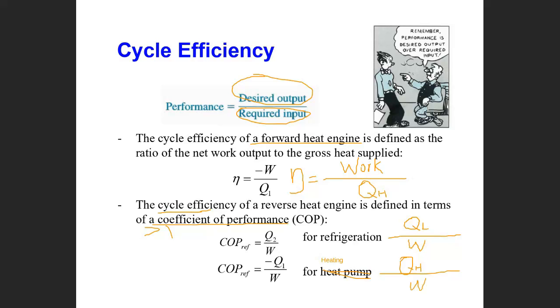I am always asking you to understand cycle efficiency, and this formula is very important because in the future we will have different technologies.